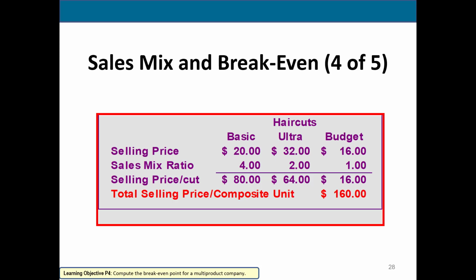And that gives us the selling price per cut using the sales mix ratio. So 20 times 4 is 80, 32 times 2 is 64, and 16 times 1 is 16. Then we're going to add those together. 80 plus 64 plus 16 equals 160.